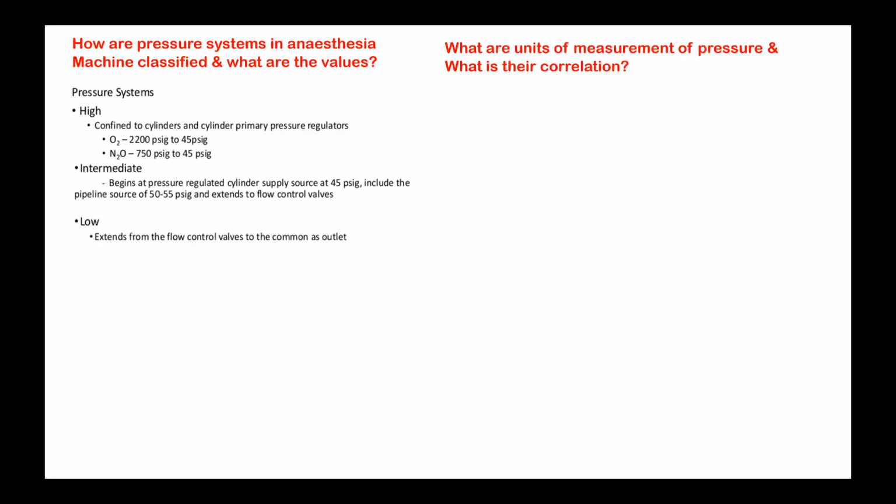But nowadays, it is being described in many textbooks in kilopascals. And in anesthesia machines, many pressures will be described in centimeters of water, or in barometric or atmospheric pressure. So one should understand the correlation between the various units used to measure pressure. Okay.